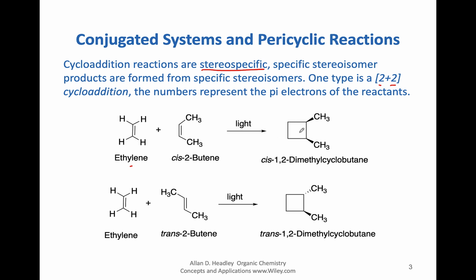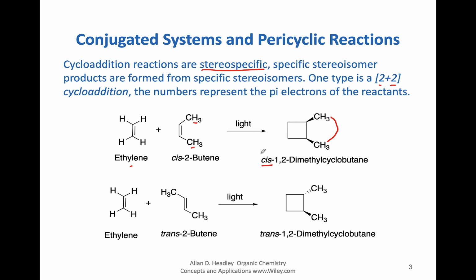The key here, though, is to note the stereochemistry of the product. These two methyl groups here are cis, so in the product, the relationship between these two methyl groups is cis also.